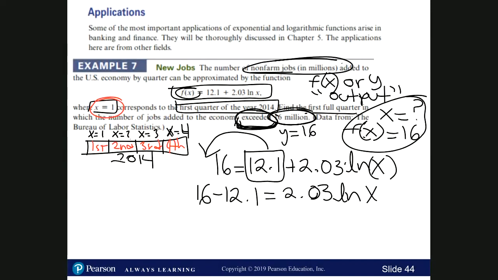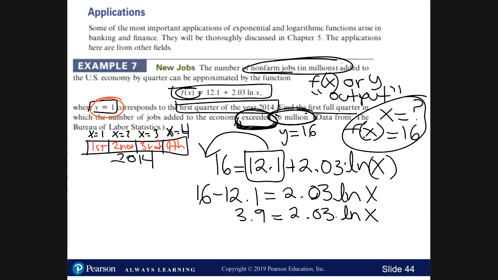So if we subtract those two numbers, 16 minus 12.1, we will get 3.9. And here we have 2.03 natural log x.